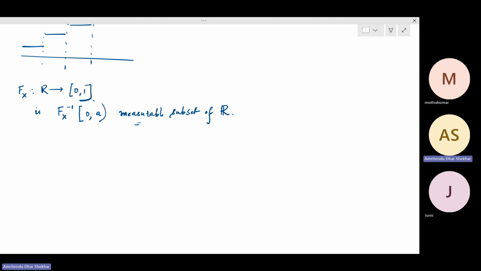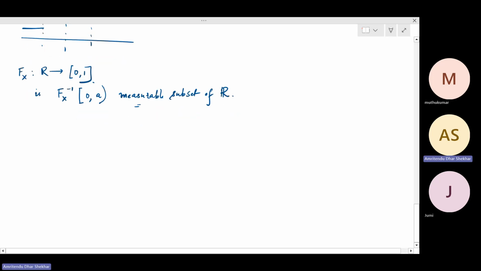So if you have this non-decreasing function, and if you ask what is F_X inverse of (0, a), then you do F_X inverse of a. Now there are two possibilities.